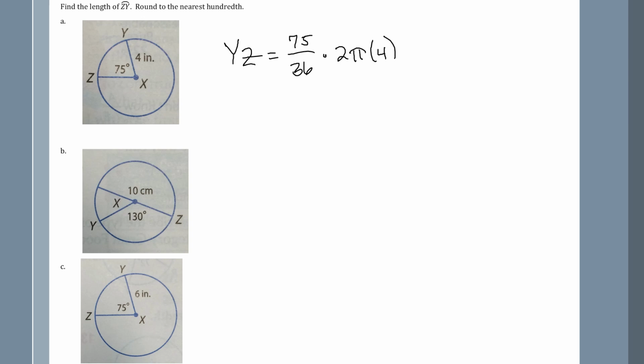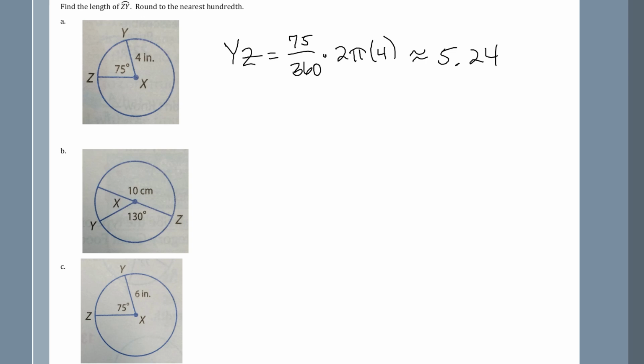I'm going to put that all in the calculator, using my fraction bar: 75 divided by 360, and then multiply that times 2 times pi times the radius, which is 4, and I get 5.235987756. To the nearest 100th, that's approximately 5.24.